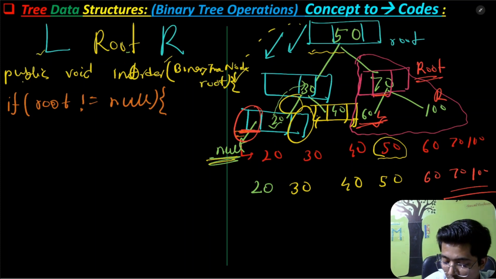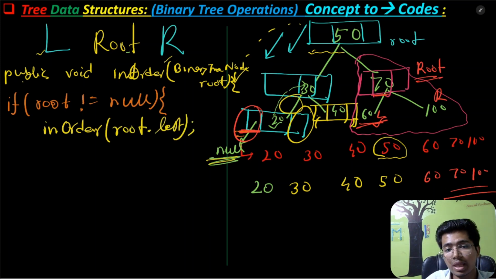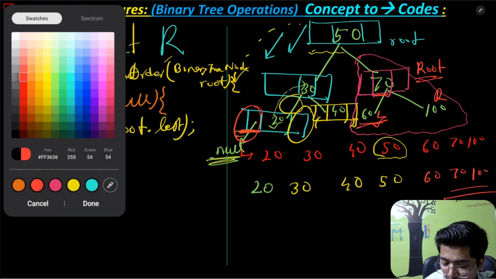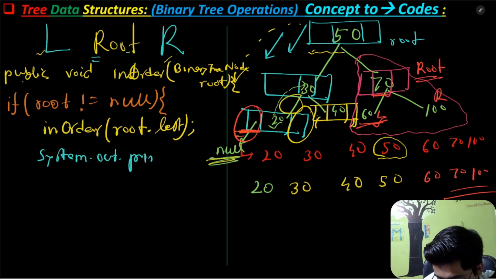First we process the left side, so we simply call in order on root dot left. Every time it will call in order on the left side, because it is a recursive function. After this recursion has been done, we will be printing the root node, with system dot out dot println.